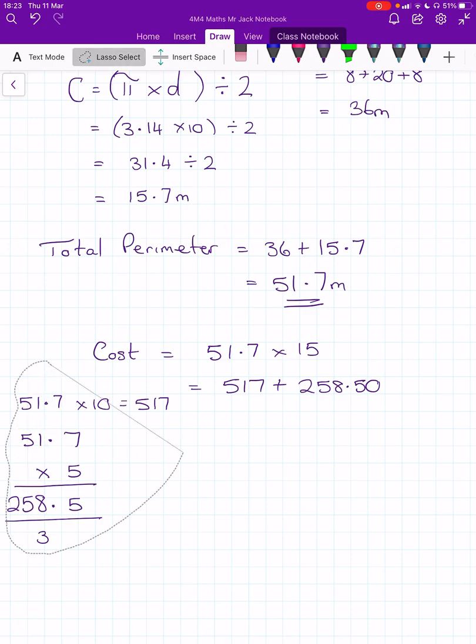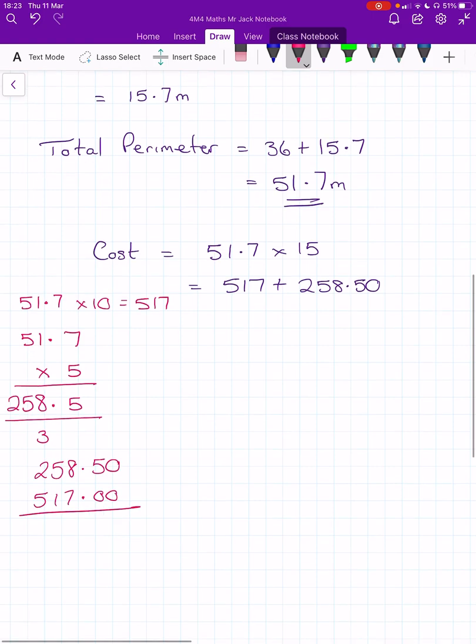That's what non-calculator questions are all about. So let's do 258.50 plus 517. If you can do this in a different way, go ahead, that's fine. I'm just showing you that doing your working is appropriate.